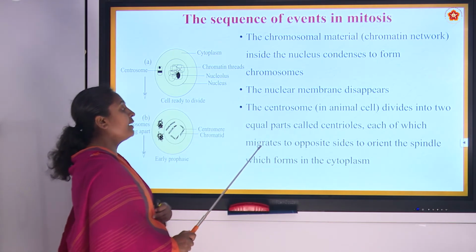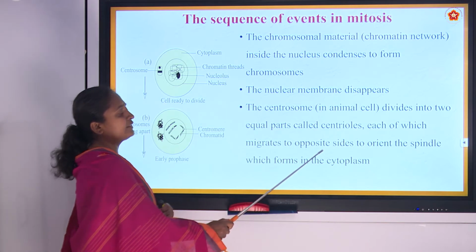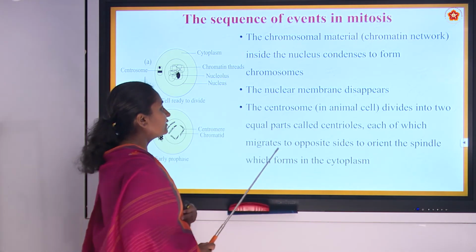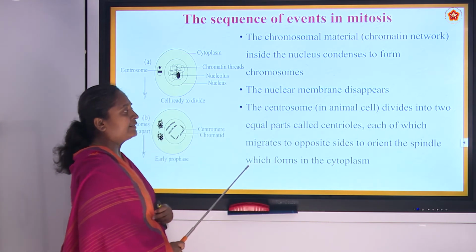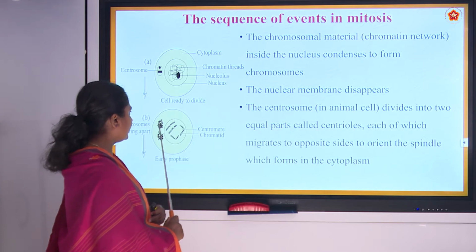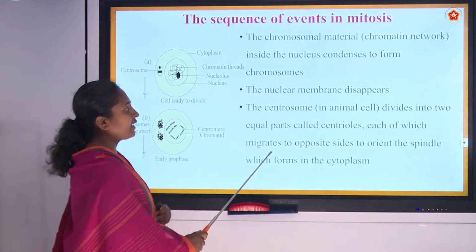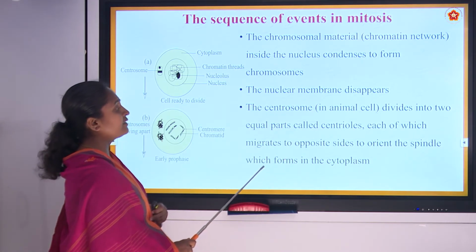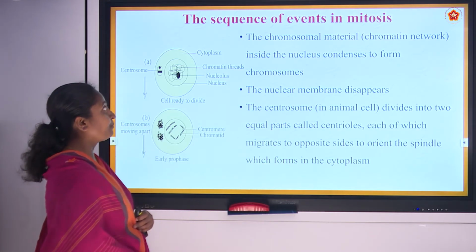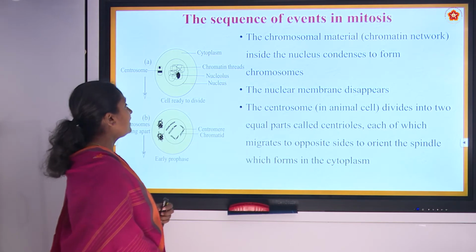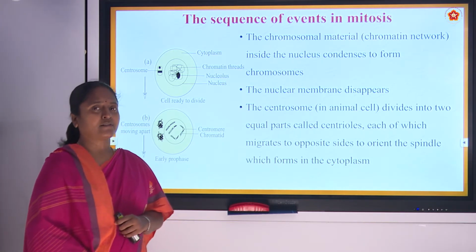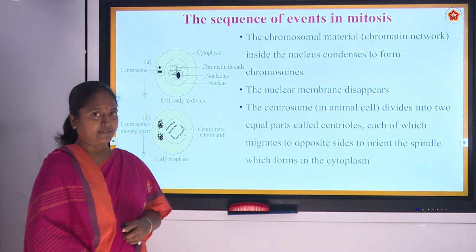So they migrate towards opposite sides, and they also orient the spindle fibers. Spindle fibers are small threads formed from these centrioles. These generate the spindle fibers which are present in the cytoplasm. These are the initial events taking place inside the cell. The entire process is known as prophase.